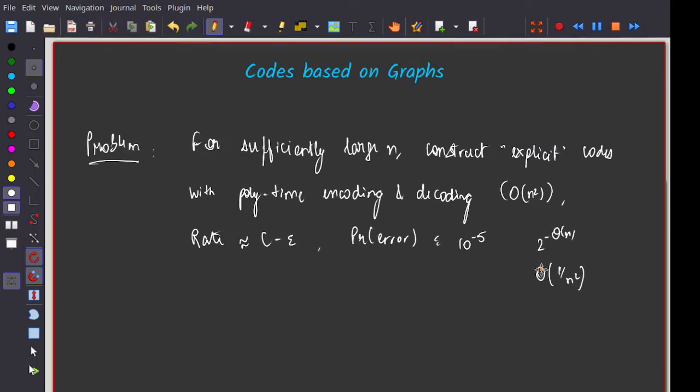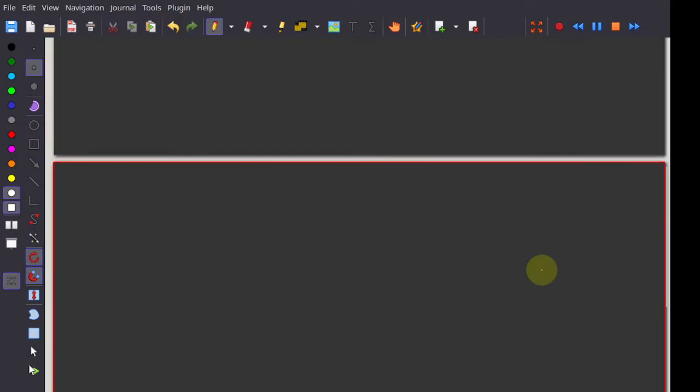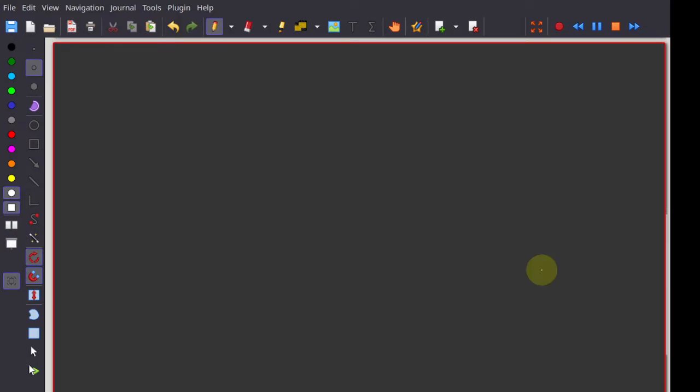Okay, and in fact, the first class of codes, again, not capacity achieving or even optimal in any sense, but the first class of codes which were used in practice are the so-called convolutional codes. These are fairly decent. These were the best things that were known apart from Reed-Solomon codes. Reed-Solomon codes were very good, but the problem is, again, you need large field sizes, which translates to reasonably large complexity.